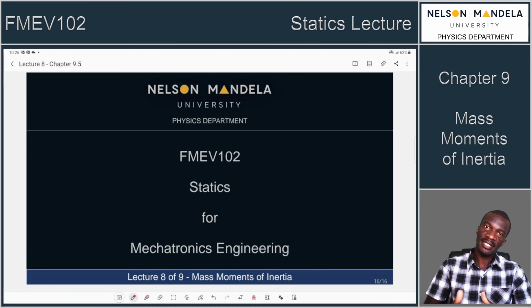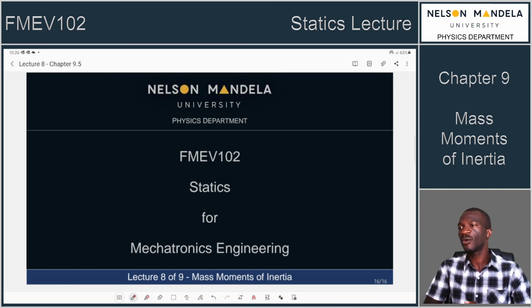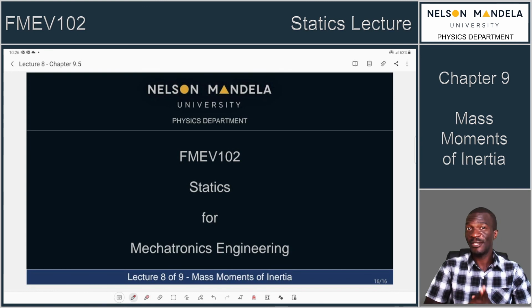Then we extended this to the parallel axis theorem. We said it's the same as the one for areas. Then we used integration to find the mass moments. And the last one was composite bodies. So in this topic, what you now can do is calculate your moment of inertia in kg square meters. Right, so that sums up our study for lecture number 8.